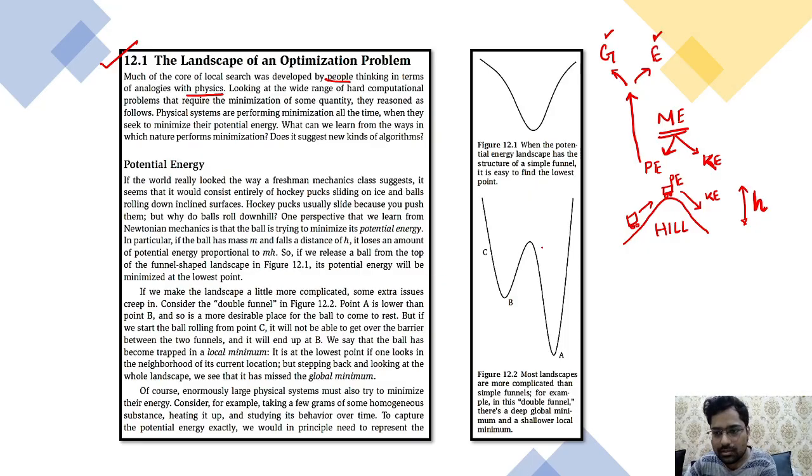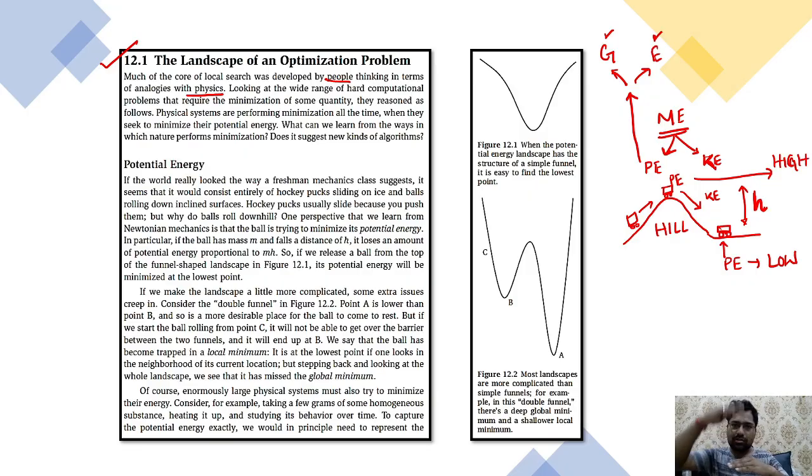The potential energy is high at the top. But when it reaches the land, the potential energy here is low, meaning we are reaching the ground.